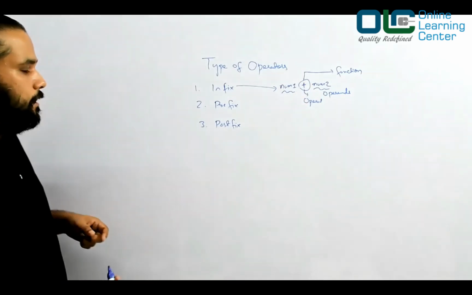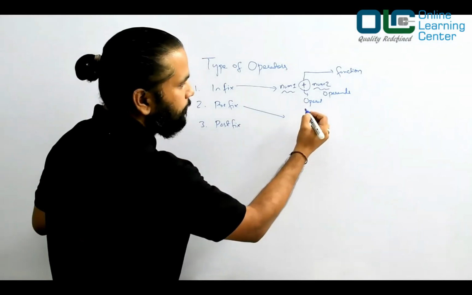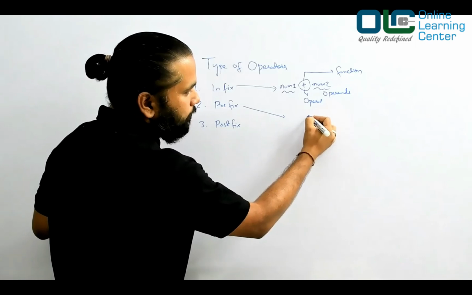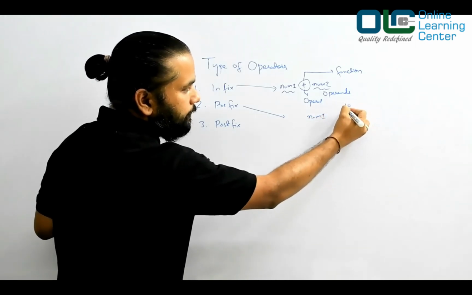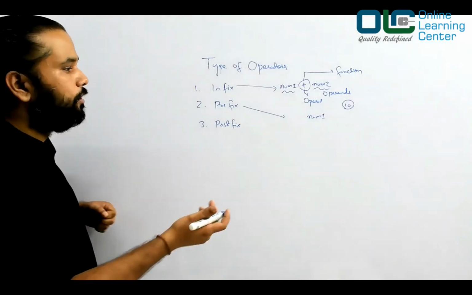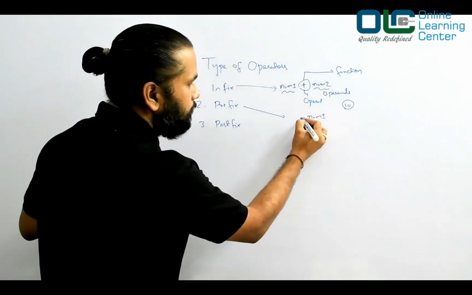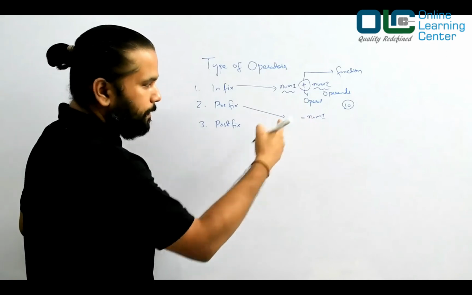Next, we talk about prefix. In prefix, you have a variable called num1 whose value is 10, and I want to negate this. I want to find the negative number of it. So you'll say minus here. This minus operator is a unary operator, of course.